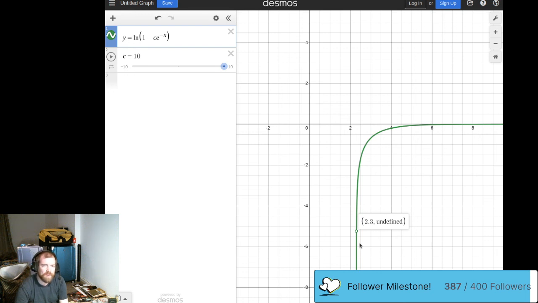2.3. Is it just 2.7? It is. Oh, that's brilliant. I like that one. Right? Because if c is equal to e, 2.718281828459045, then we end up getting a c, which is e.